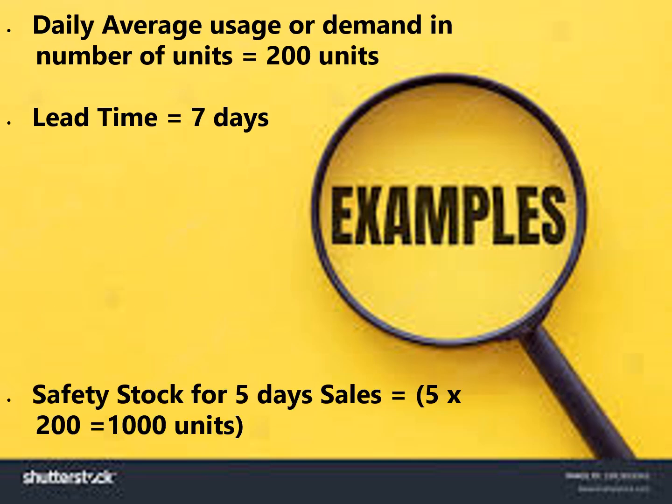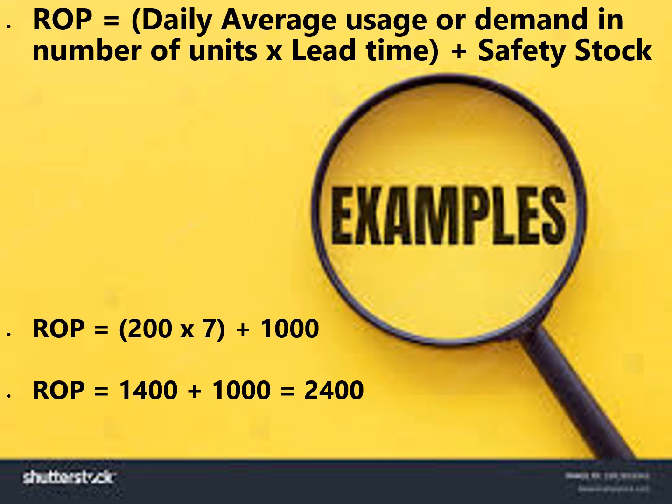Taking the data from our example, our daily average usage or demand is 200 units, lead time is 7 days, and safety stock for 5 days of sales is 200 multiplied by 5, which is 1000 units. Now let's put all this data into the formula to calculate the ROP.